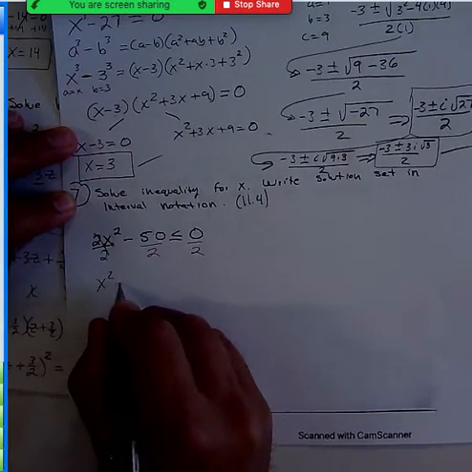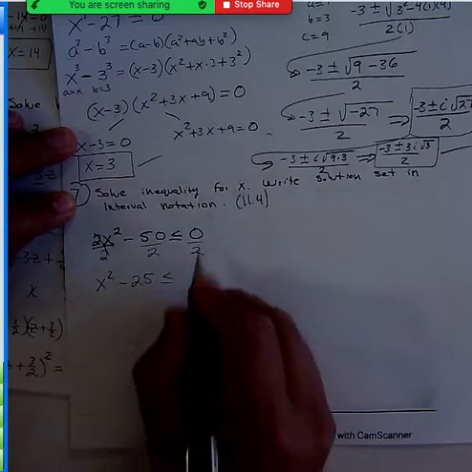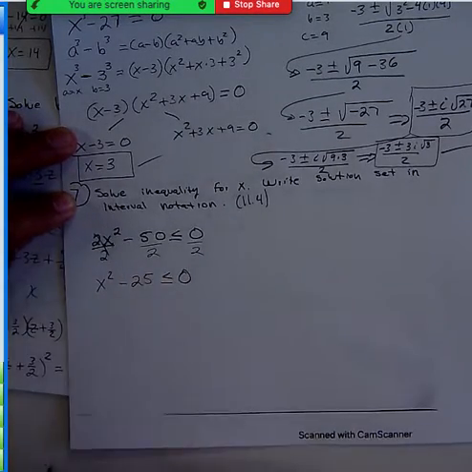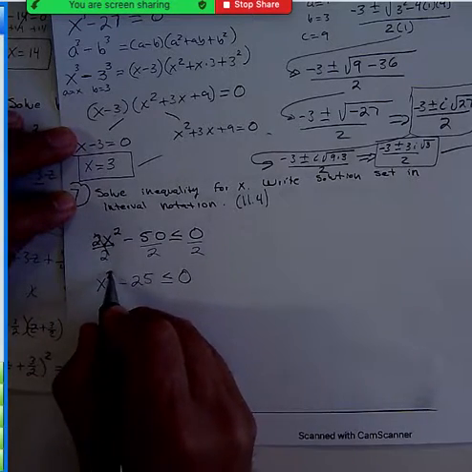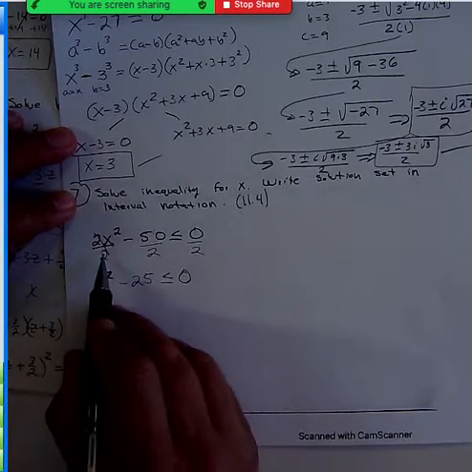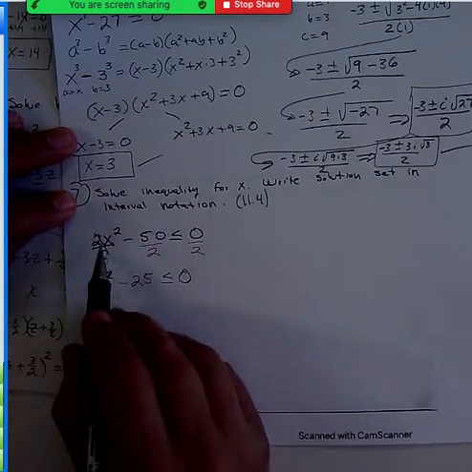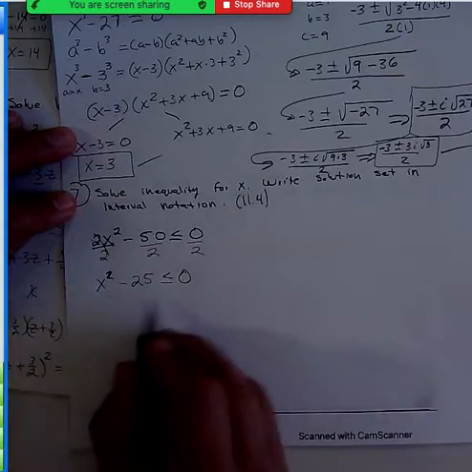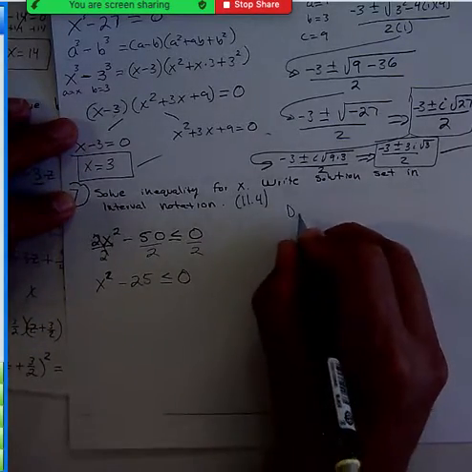This is going to simplify to 25 less than or equal to 0, right? 0 divided by 2 is still 0. So remember, this question like this hasn't come up, but you always have to check if something divides every number in the equation or inequality. So now, again, we're back to difference of, in this case, of squares now.